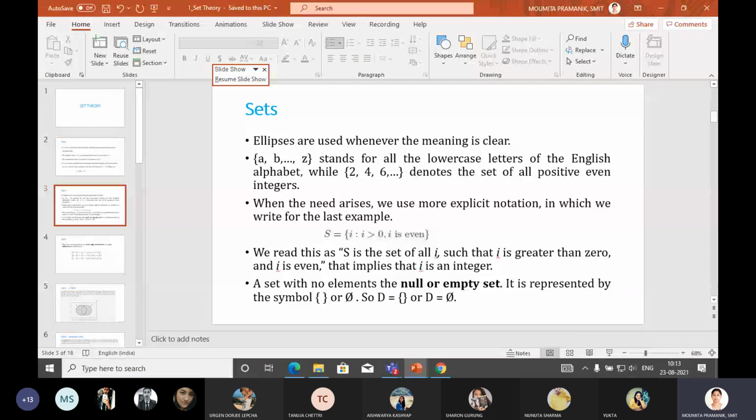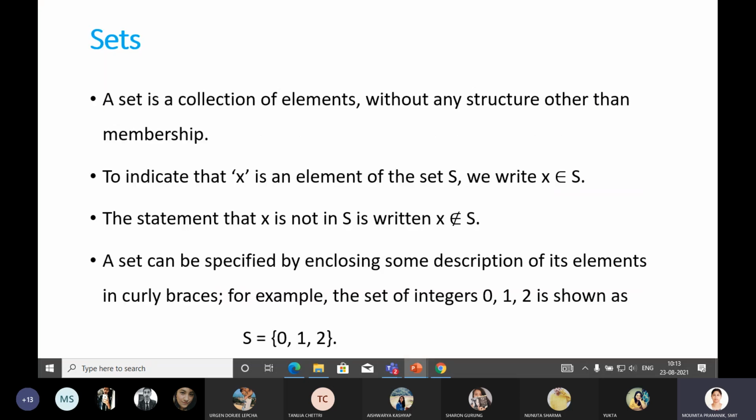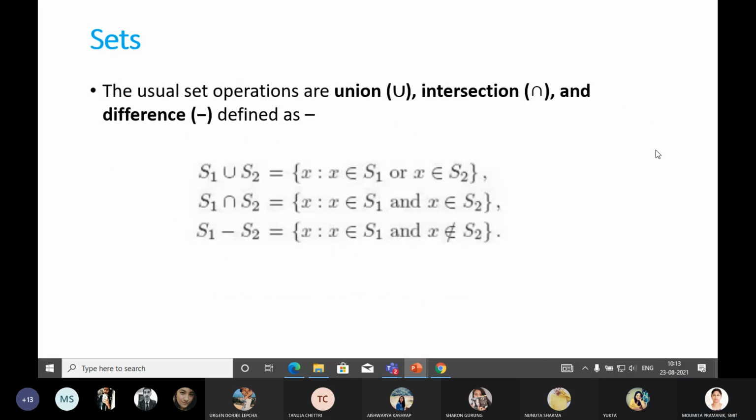Yes, ma'am. Okay. We have the different set operations also. We are discussing here the basic three operations: the union, intersection and the difference.